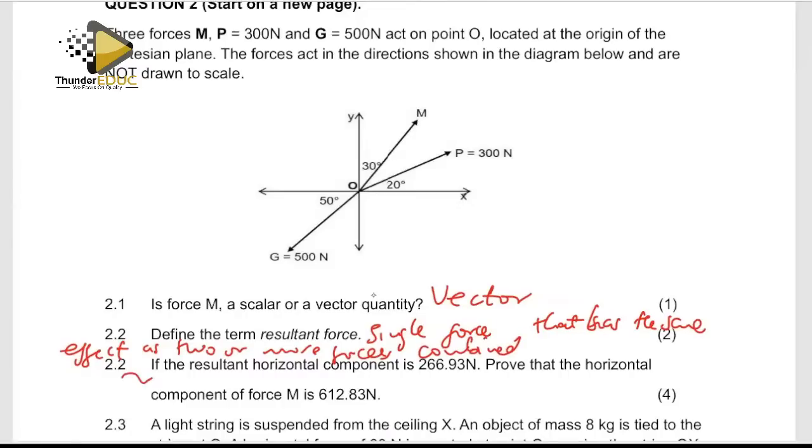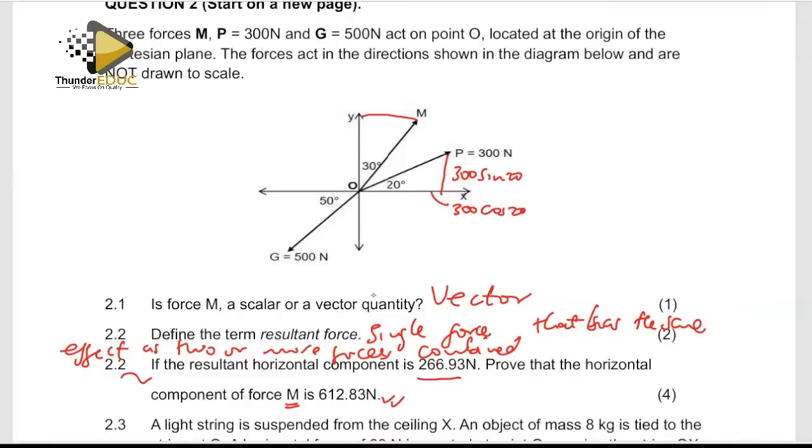Then 2.2, if the resultant horizontal component is this, can we prove that the horizontal component of M is that much? All right, let's see. I'm going to break this down into 300 sine of 20, 300 cos of 20. I'll break this down in this manner.